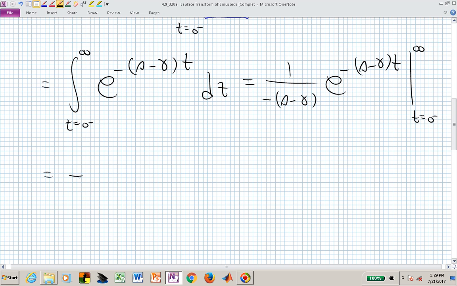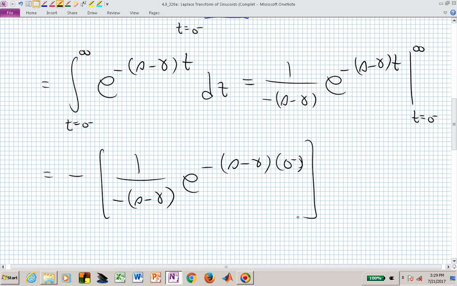Then we subtract from that the value of this expression at the lower limit, which is 1 over minus the quantity s minus gamma, e to the minus (s minus gamma), and now we evaluate it at the lower limit, which is 0 minus.